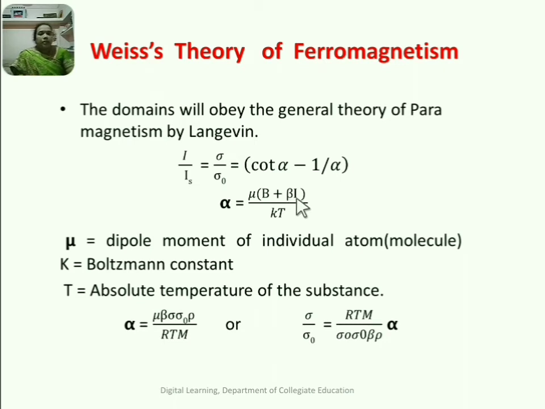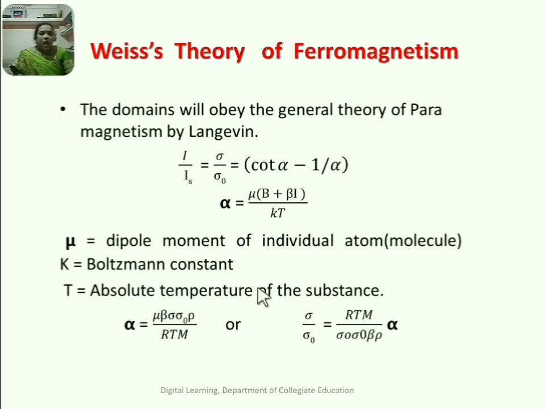But we know that B is equal to B plus beta I, but here B becomes 0. When the external field is 0, then B is equal to beta I. Beta as it is. In place of I, we are substituting sigma rho divided by m. After substituting all these values in alpha, alpha is equal to mu beta sigma naught rho divided by RTM.